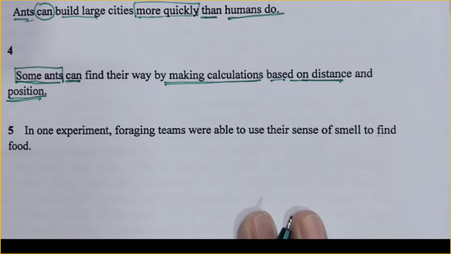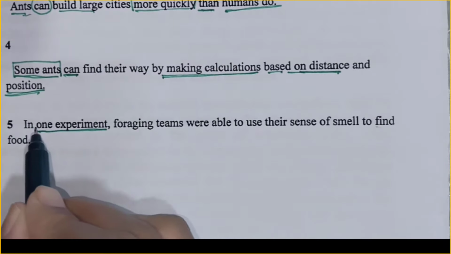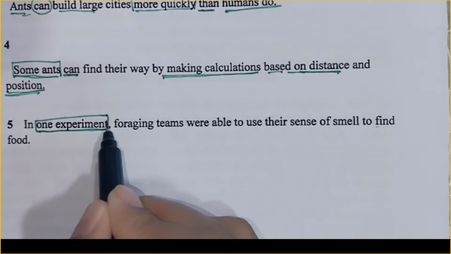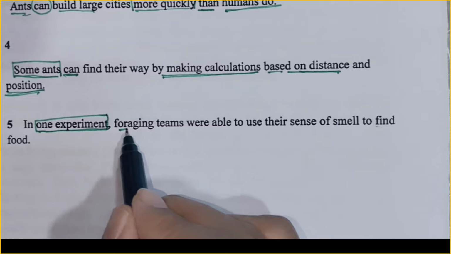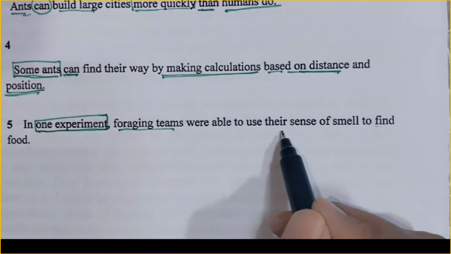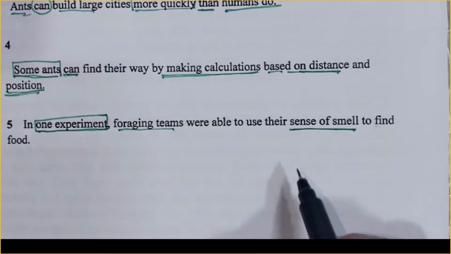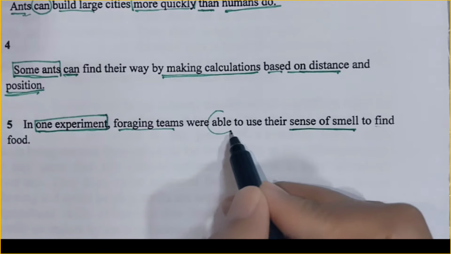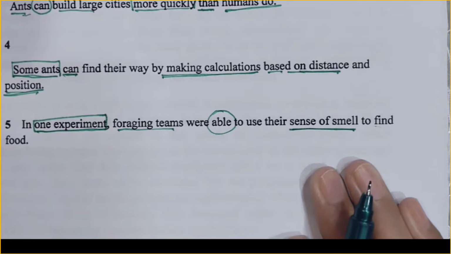Question number 5 is, in one experiment, so here we are supposed to look for the experiment or the experts. Teams were able to use their sense of smell to find foods. Able.